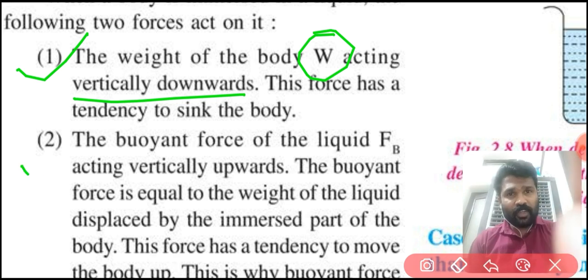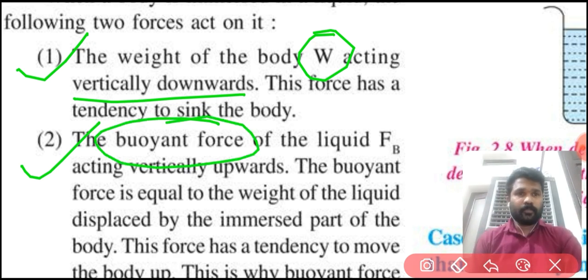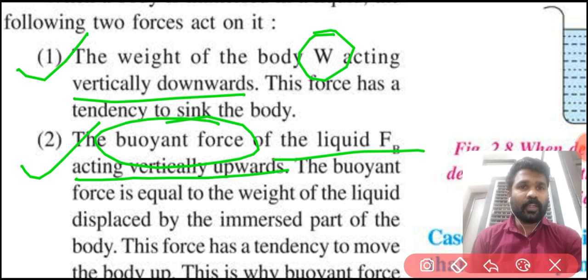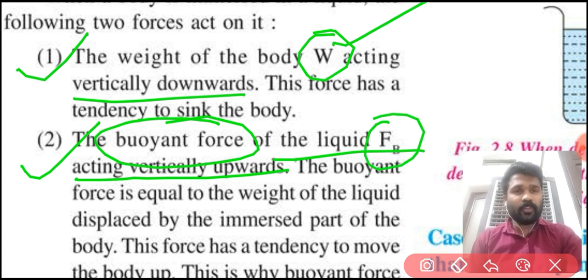And second one, that is the buoyant force of the liquid FB acting vertically upwards. One force that acts downwards, that is W. FB, the buoyant force, acts vertically upwards.